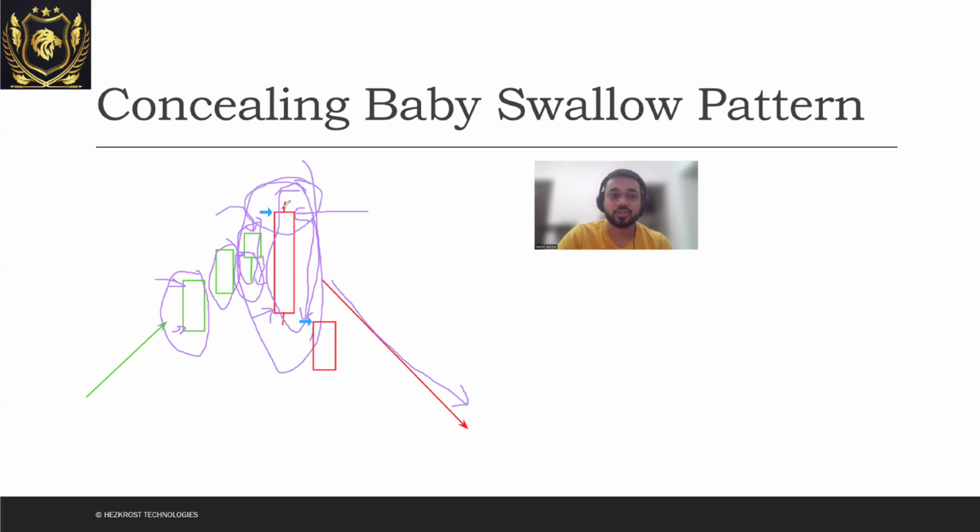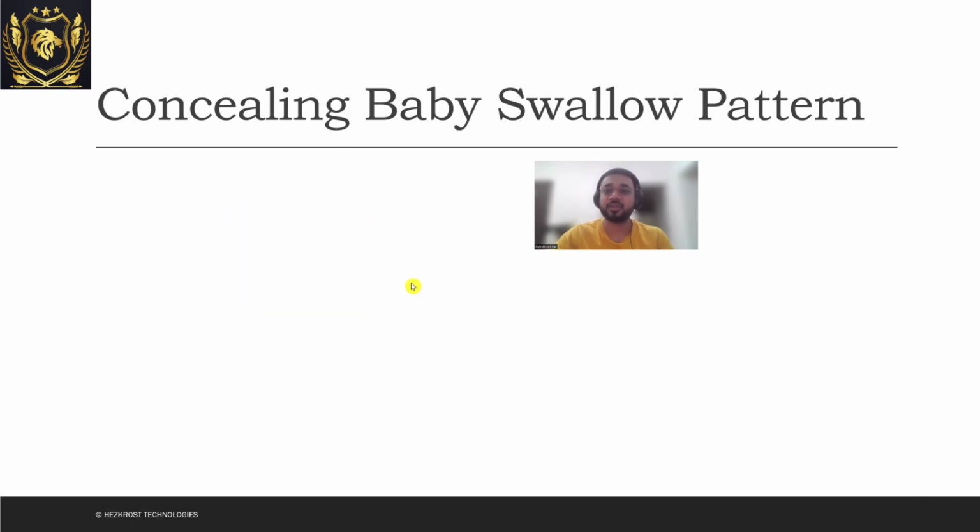The opening price of your red candle will be your stop loss, and you will profit from the trade if it goes below, or you will take the loss if it reaches this particular level. I know that was a lot of pitch, but I hope you get the idea of what the concealing baby swallow pattern is all about.